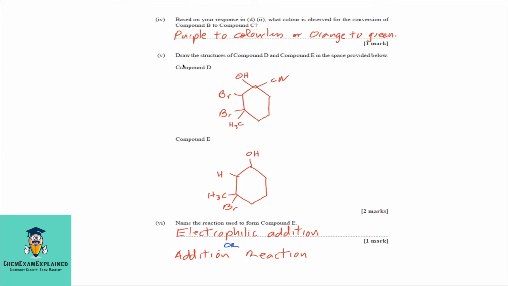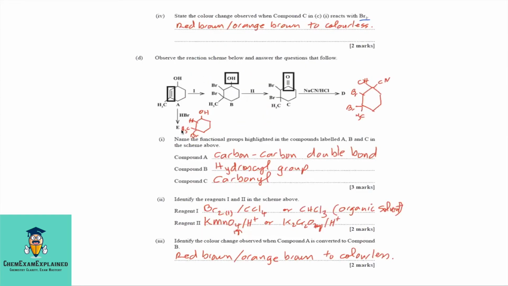Part 5. Draw the structures of compound D and compound E in the space provided below. Now remember that if you are looking at compound D, let's go back so you can see what that is like. So compound D and compound E. Now what is happening here is nucleophilic addition, where you're adding H and CN minus across the carbon-carbon double bond to form a hydroxynitrile.